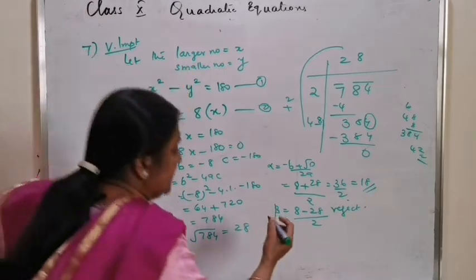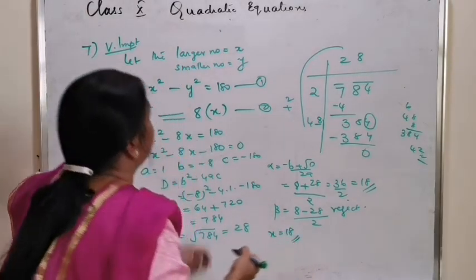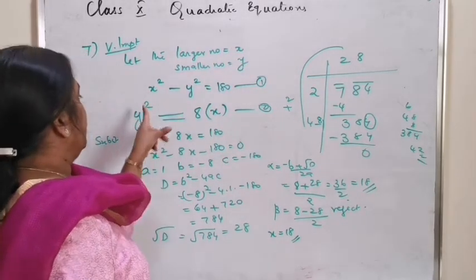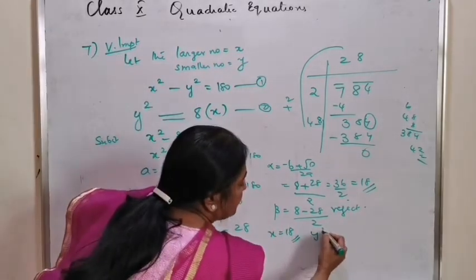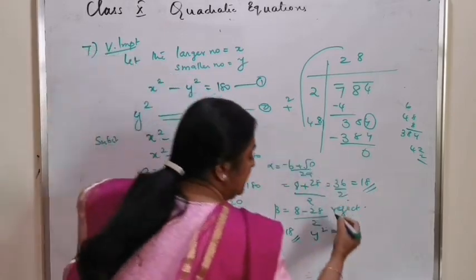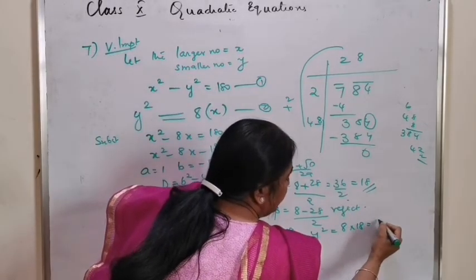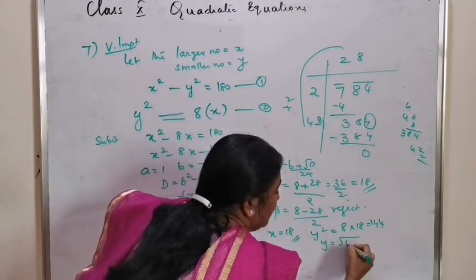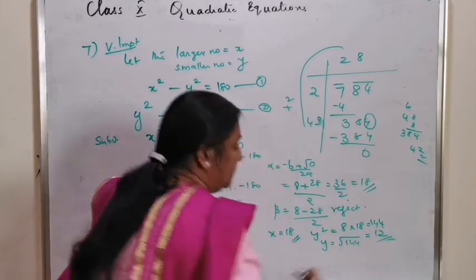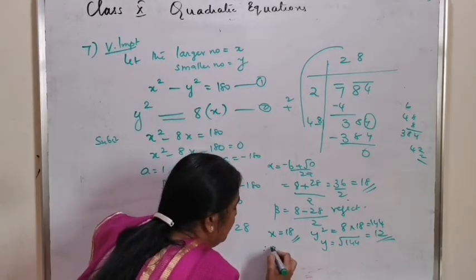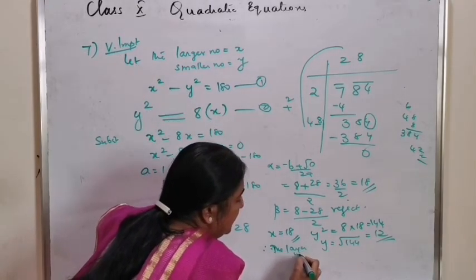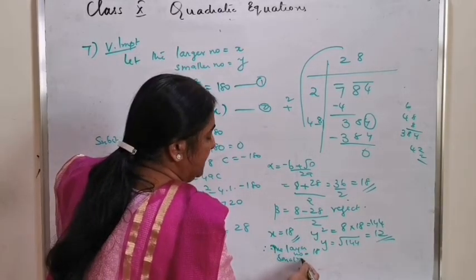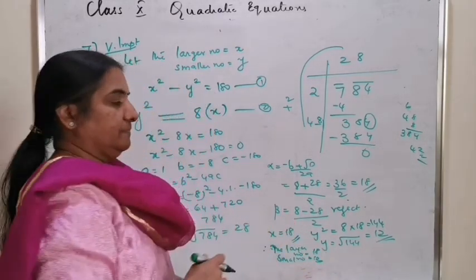So x is equal to 18. That means the larger number is 18. We have to get the smaller number. You can substitute here. y square is equal to 8 into 18, which is equal to 144, or y is equal to square root of 144, which is equal to 12. Therefore, the larger number is equal to 18 and the smaller number is equal to 12.